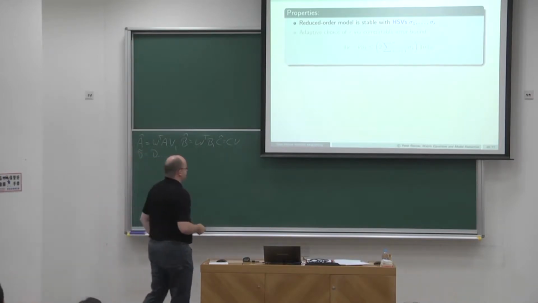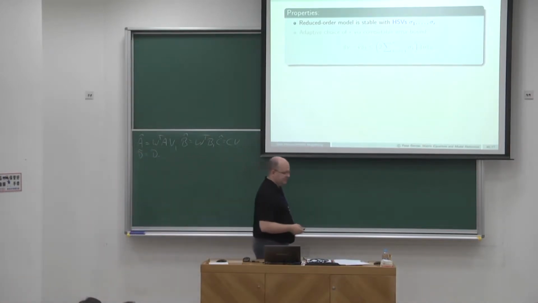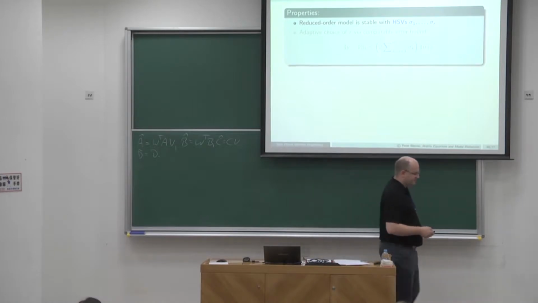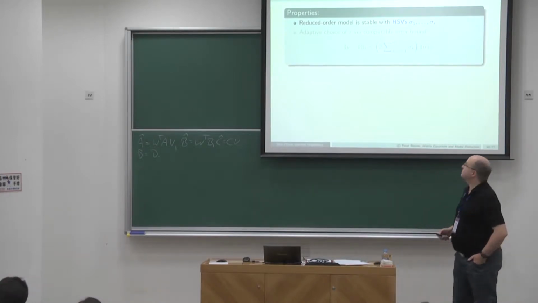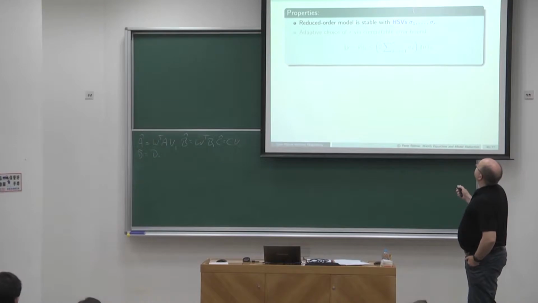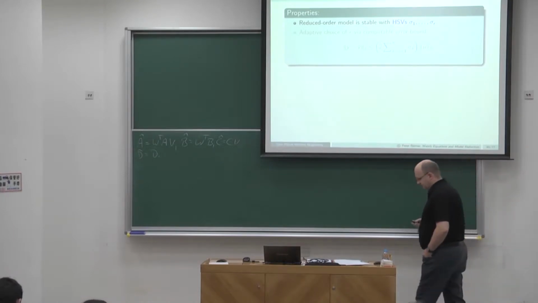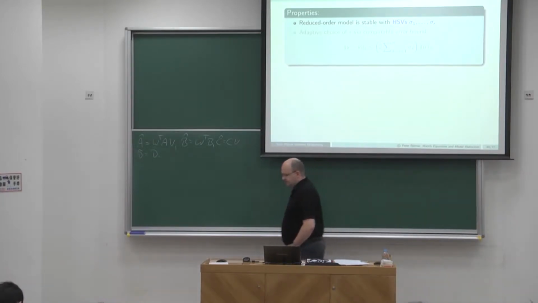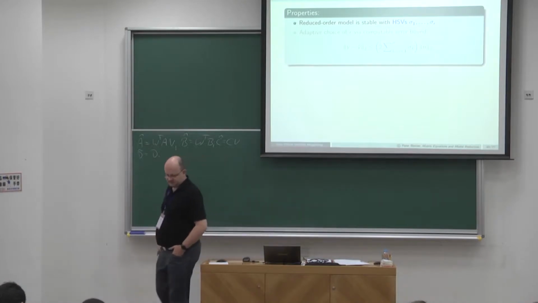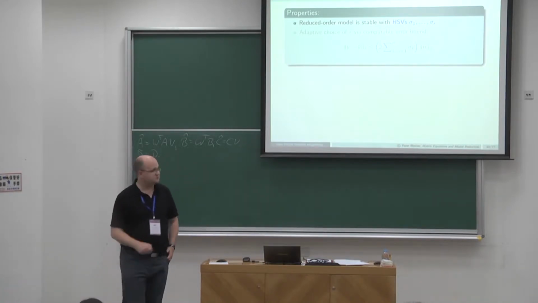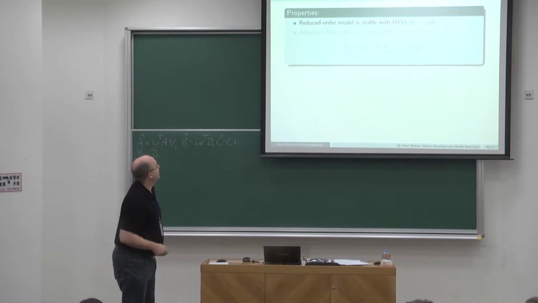Sigma 1 is obviously positive definite, and Lyapunov stability theory will then tell you that A11 must be stable. And of course, because the reduced gramians are both equal to sigma 1, the Hankel singular values of the reduced order system are just sigma 1 through sigma r.